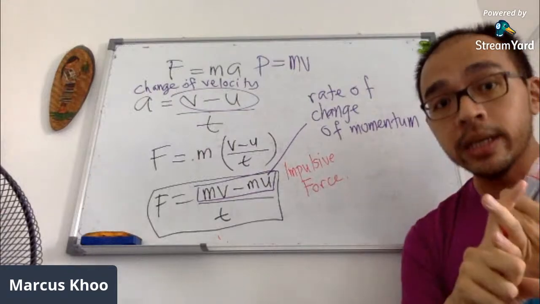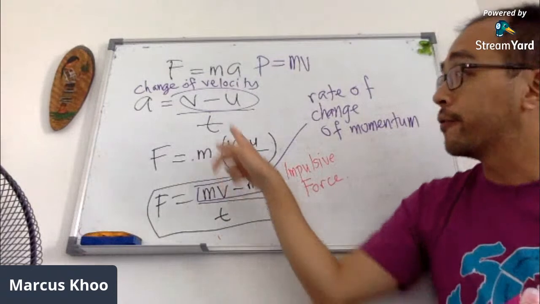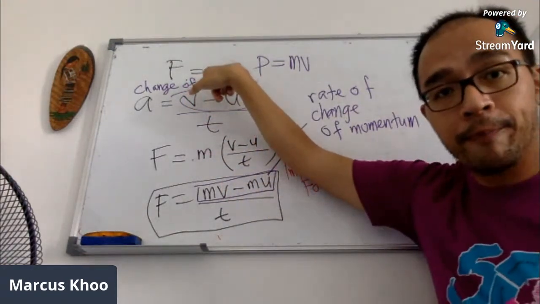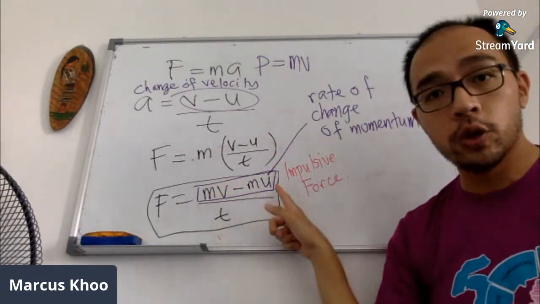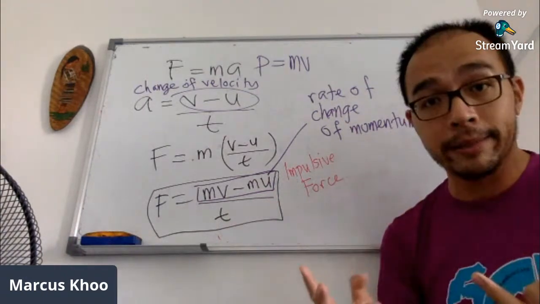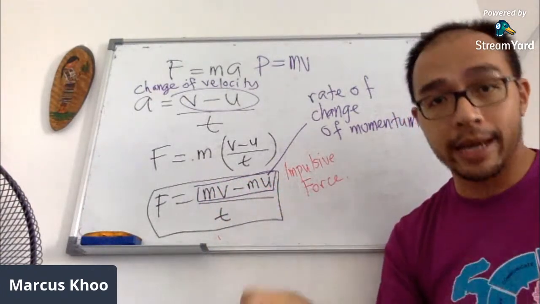Secondly, we can actually derive the formula for impulsive force from Newton's second law formula, which is F equals ma. I substitute a in, I get this, then I find that mv minus mu, which is why we need to remember mv and mu is actually momentum. Final momentum minus the initial momentum over time.